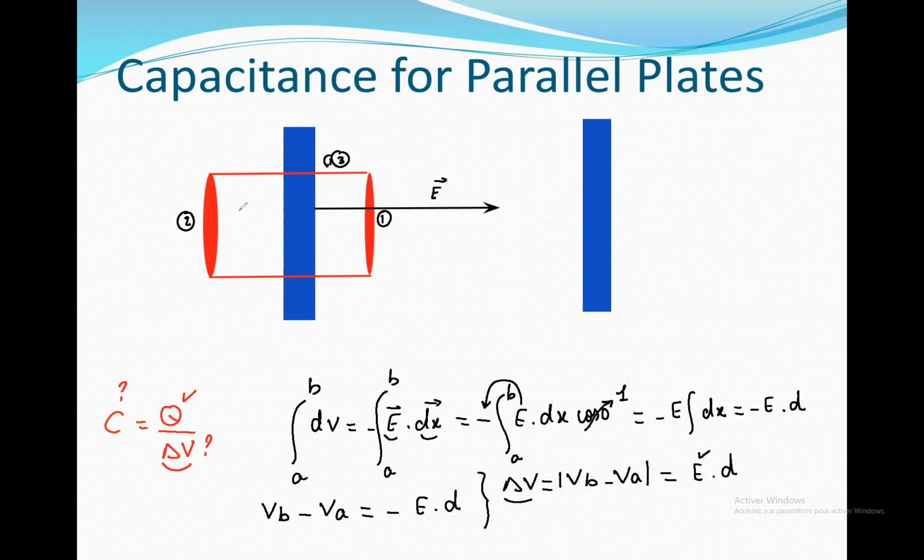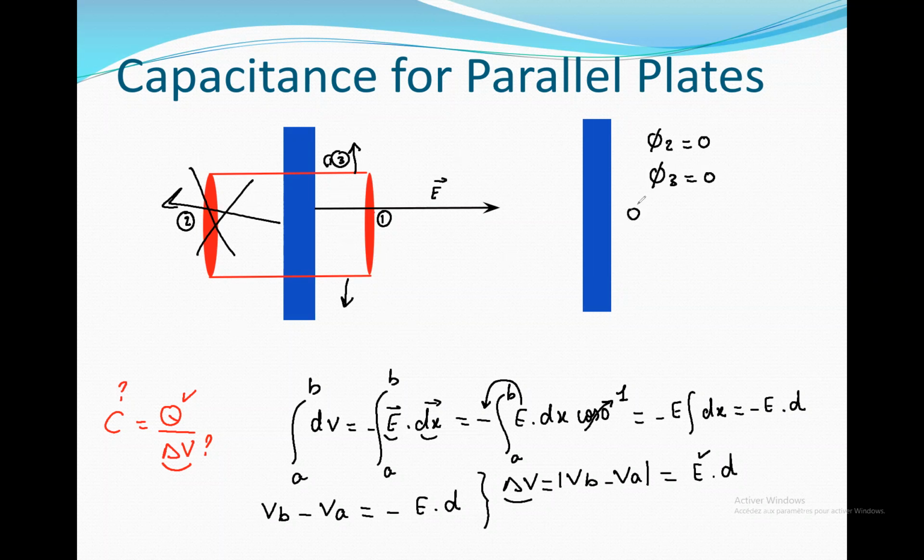We don't have a field outside. I don't need the field here. So we can say flux 2 equals 0. And we don't have a field in this direction, at the lateral side. So we can say phi 3 equals 0.